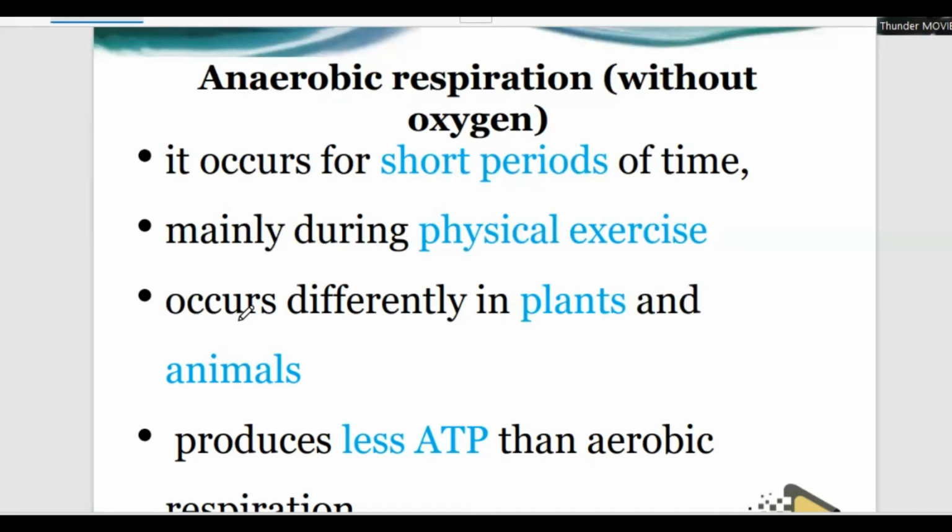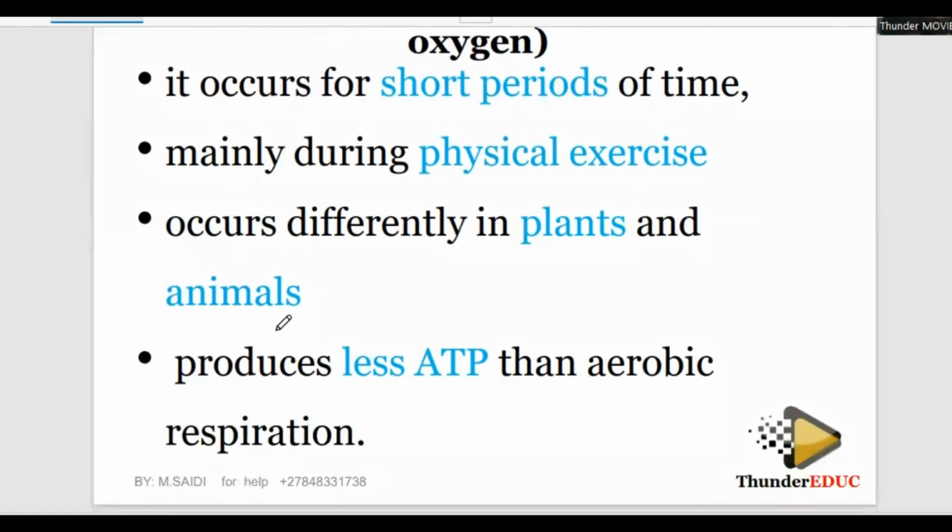And I can say that anaerobic respiration in animals is a necessary evil. Necessary because we get ATP. It is evil because it wastes glucose, yet glucose is needed to produce large amounts of ATP.